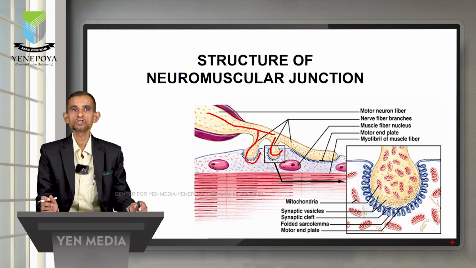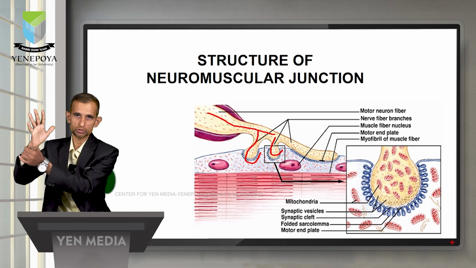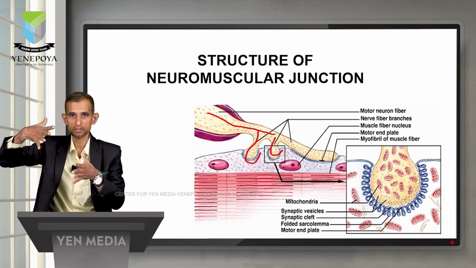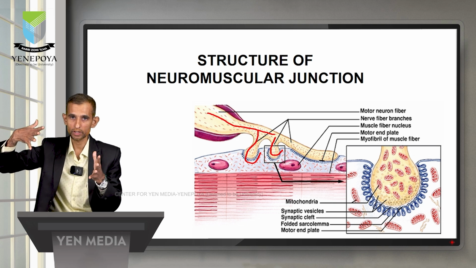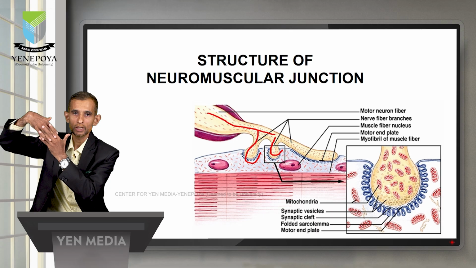Now the structure of the neuromuscular junction. Imagine this is the axon, and this is the axon terminal, which divides into many branches. This is a muscle fiber, and the terminals invaginate into the muscle.